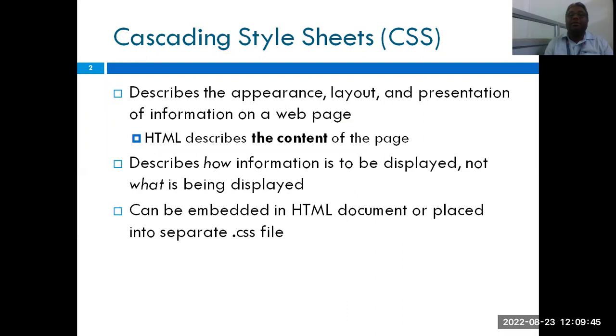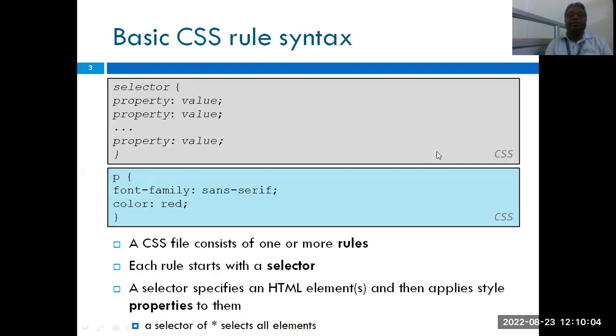CSS describes how information is to be displayed, but not what is being displayed. We can embed the CSS in the HTML document, or we can place it separately in a .css file. Coming to the rules of CSS, this is the syntax of CSS.